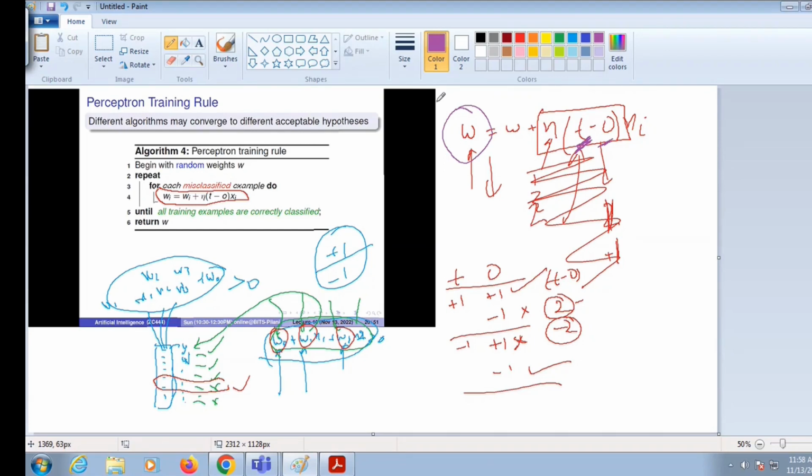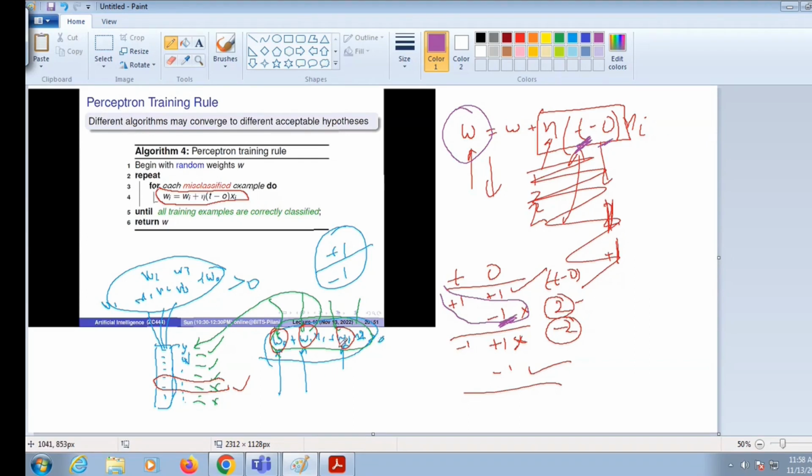Let's consider this particular problem. My output was minus 1, but it should be plus 1. How can my output be plus 1? If I increase the value of weight, then the summation would increase and my output would become positive.